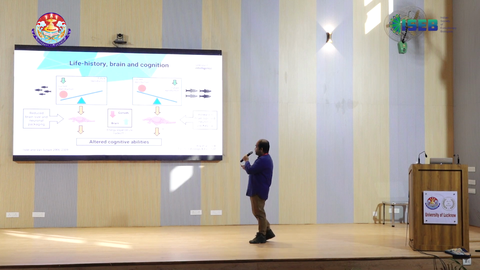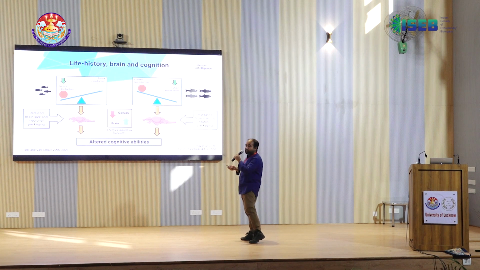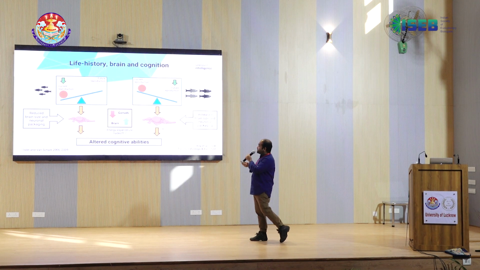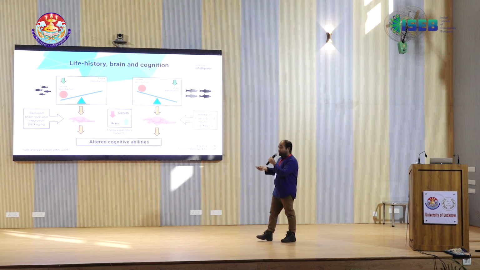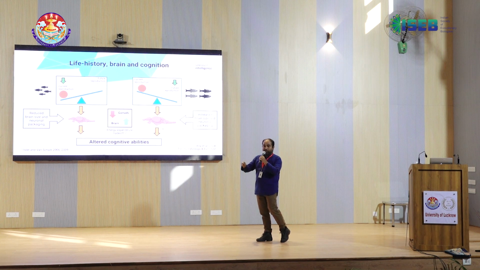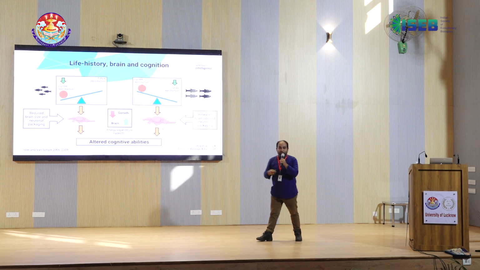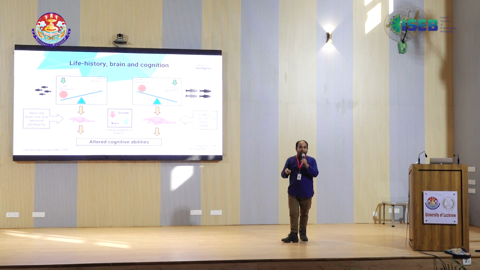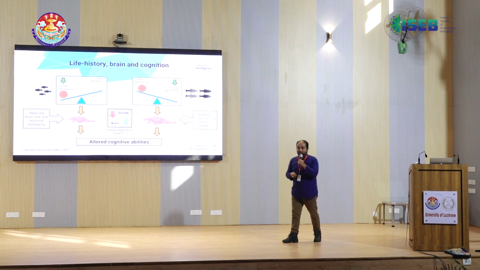So in case of evolution of fast life history, which we see in case of evolution of a small body size, we can expect that an increased energy investment into reproduction would lead to a reduced energy investment into the brain, and that can translate to reduced brain size and changed neuronal packaging, that is, reduced number of neurons and density of neurons.